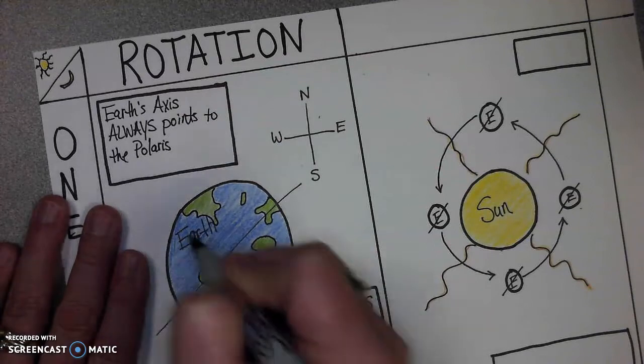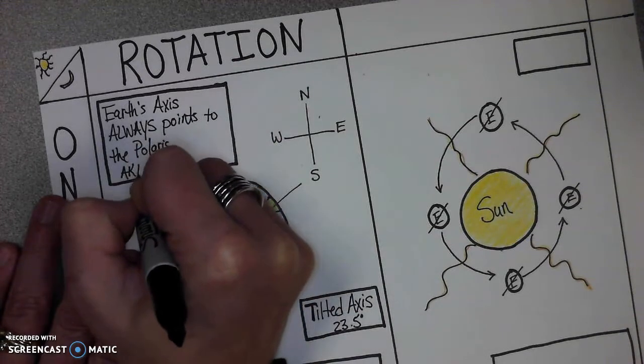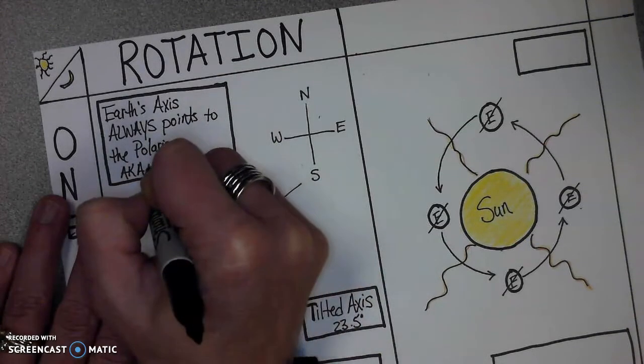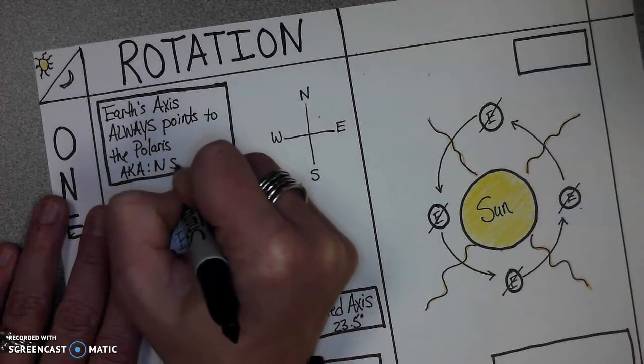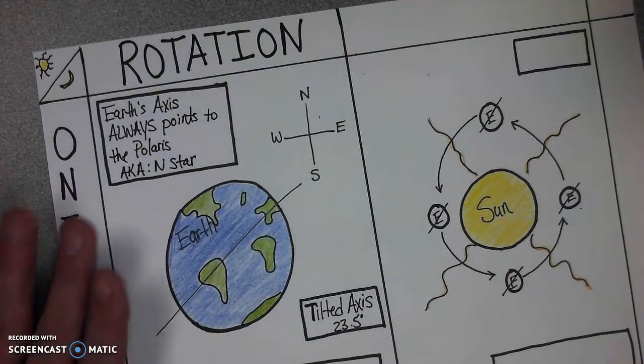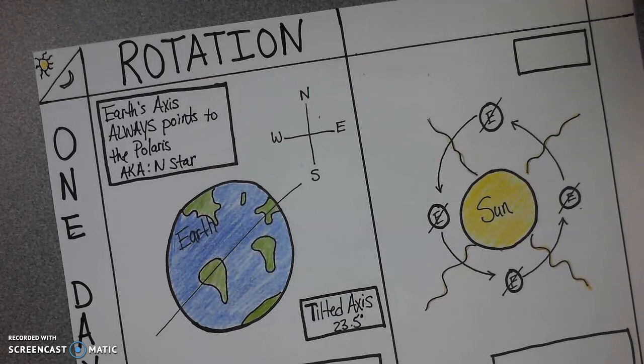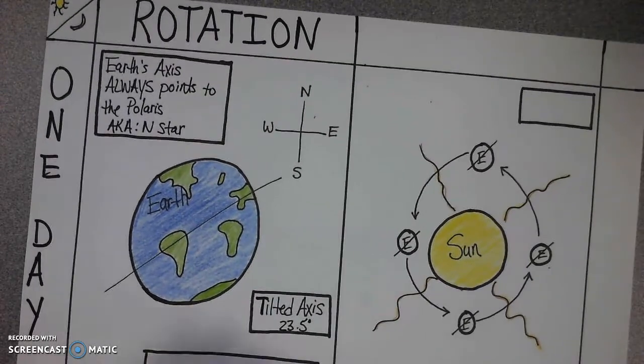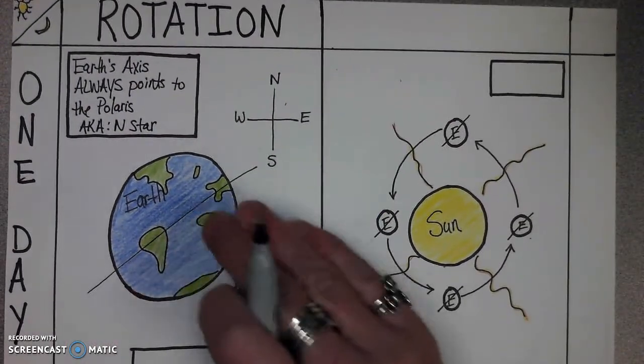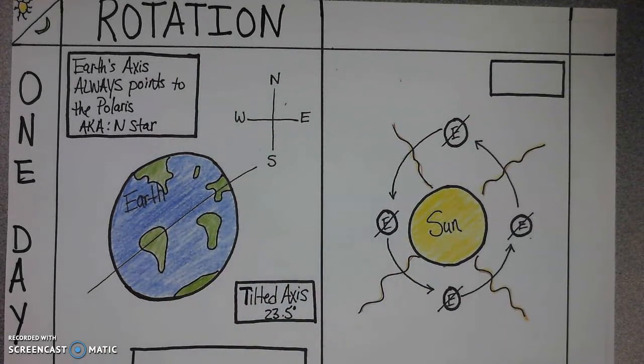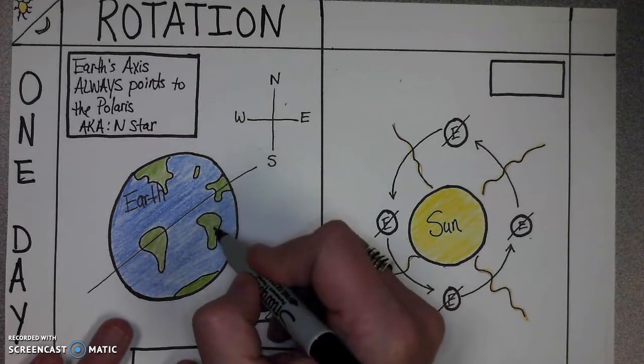Some of you probably know this as AKA the North Star. So that's what we're talking about, the North Star. This axis right here points to the North Star. Now I want you to also notice something else.